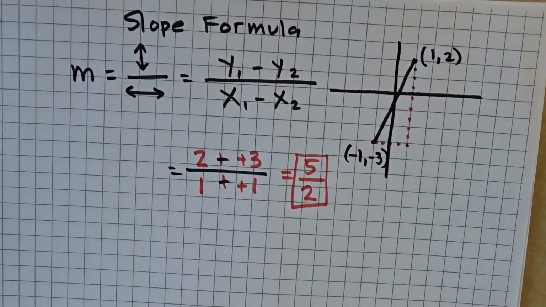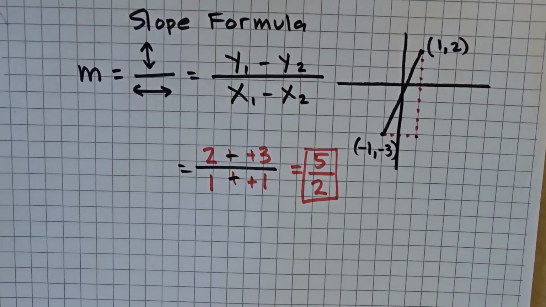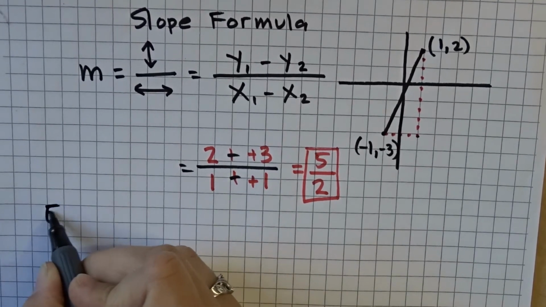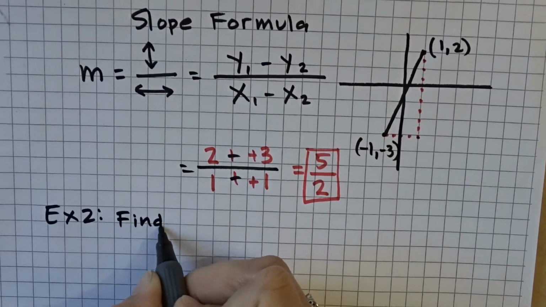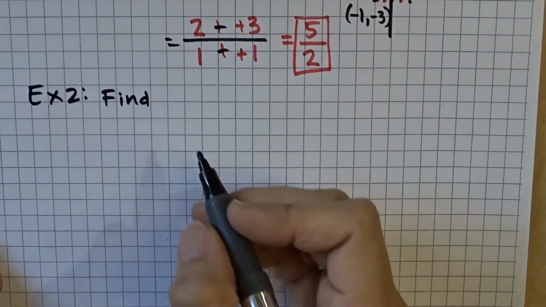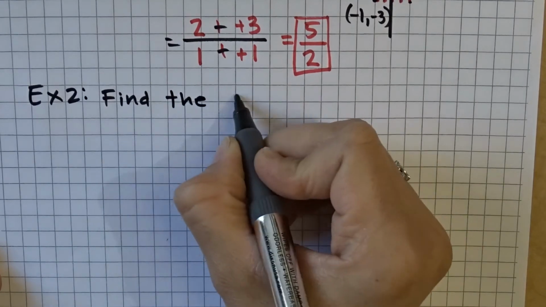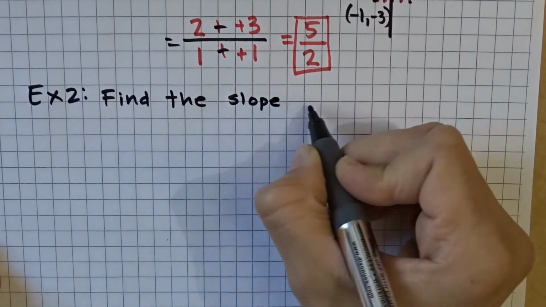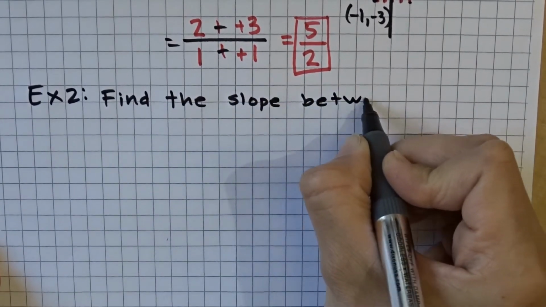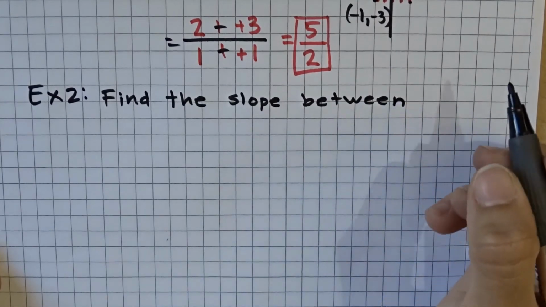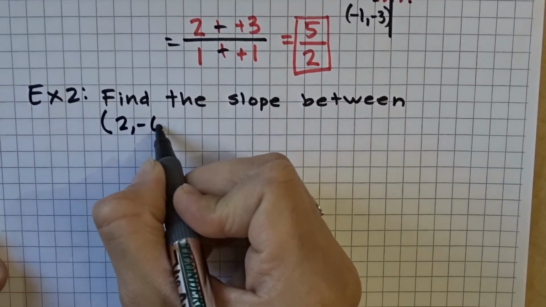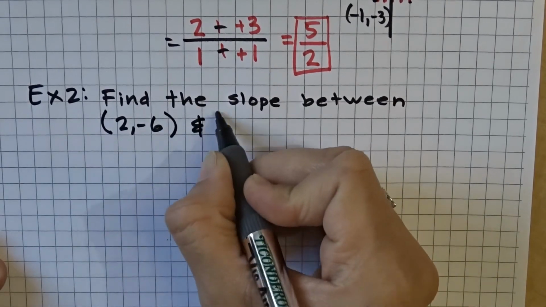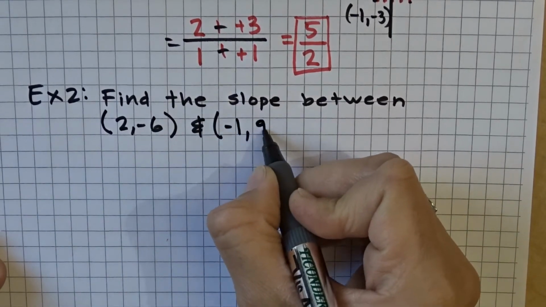Okay, so let me show you how that works with just an example. Find the slope between -6 and -1, 9.